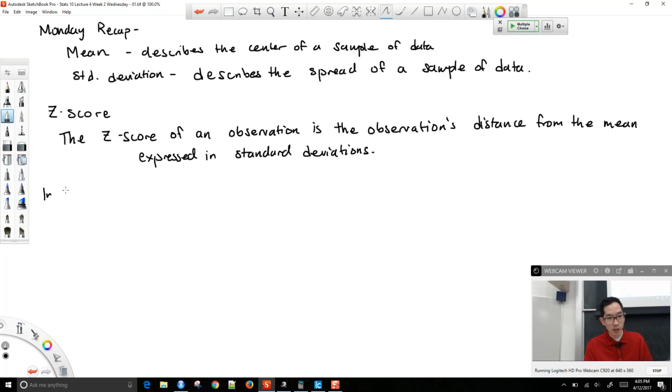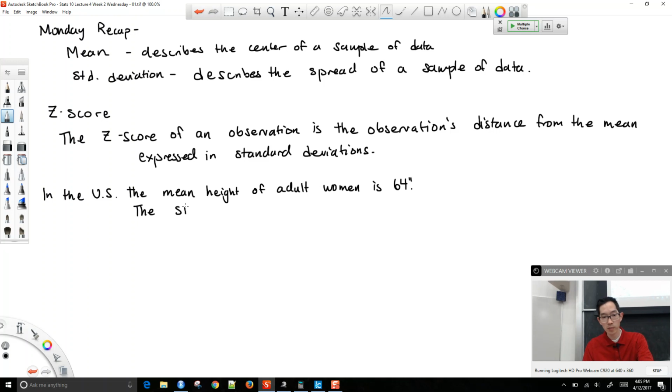So in the U.S., the mean height of adult women is 64 inches. Okay, so that's 5'4". The standard deviation of heights is 3 inches. Again, real numbers are different, but for simplicity, we'll just keep these nice, easy numbers.